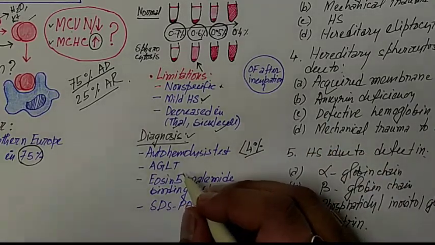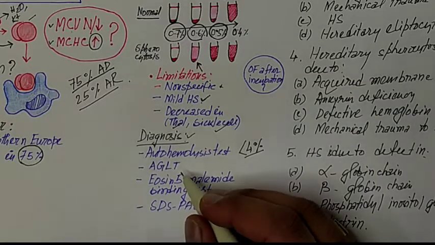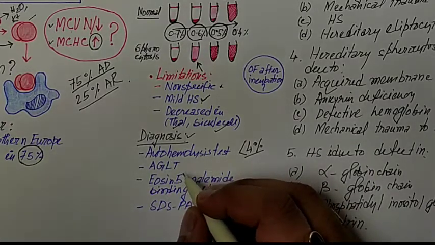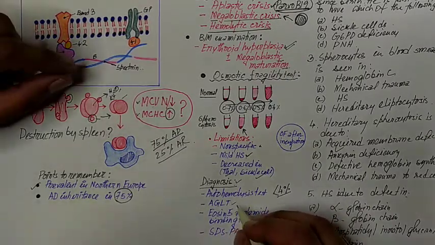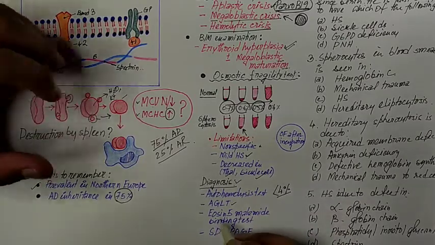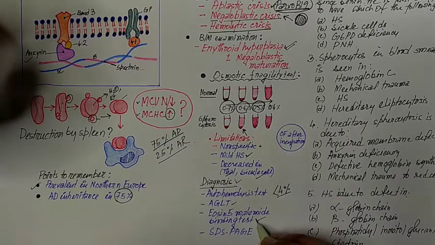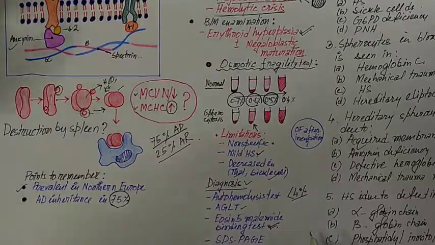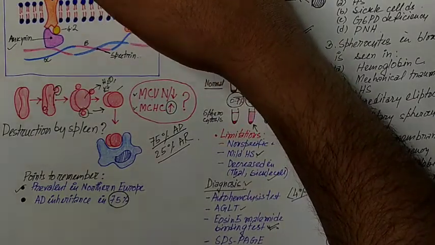Now the next test is the acidified glycerol lysis time. Here acidified glycerol is added to the RBCs and the time is measured to get 50% lysis of the red cells. Now the eosin-5-maleimide binding test. Here this dye is applied on the RBCs, and it binds to the band 3 protein.